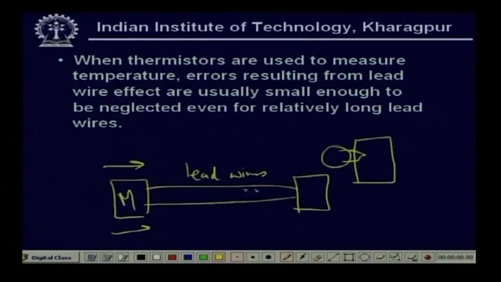It will not see only the thermistor resistance, it will see the lead wire resistance plus the thermistor resistance. So, the lead wire temperature variation is very important in instrumentation. It is not important in the case of thermistor because its value is high, but it is very important in the case of RTD. We will see that in a later lesson.